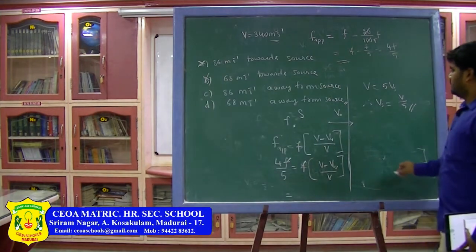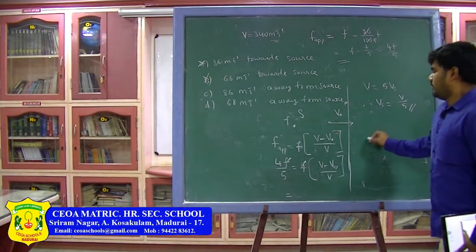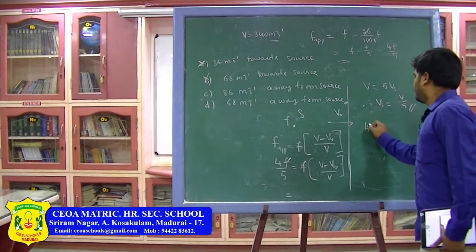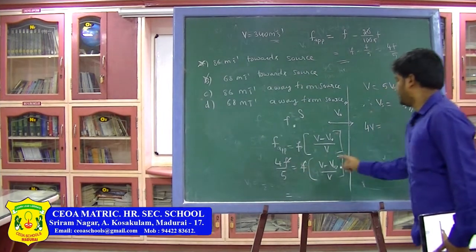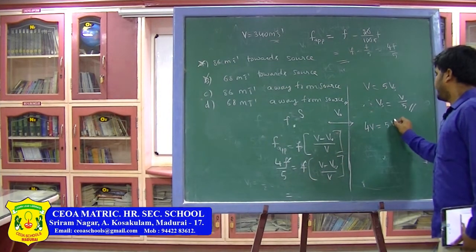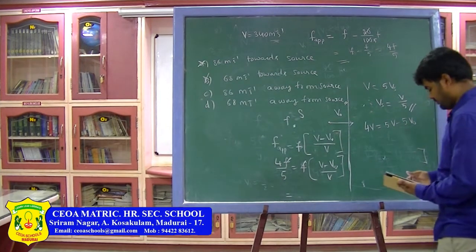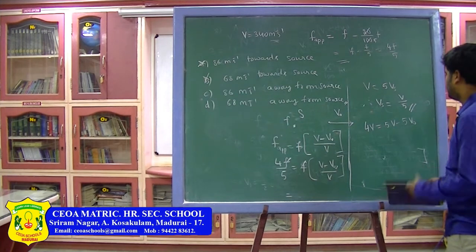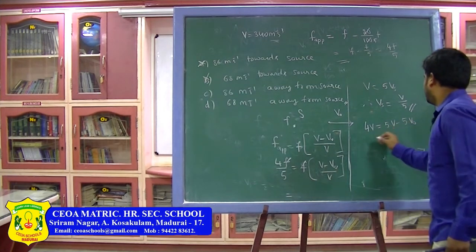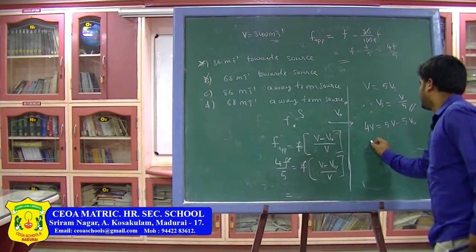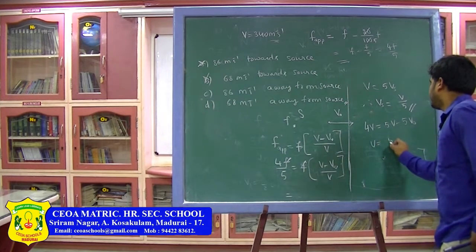Cross multiplying, you will get 4V on this side, and on the other side 5V minus 5V naught. Then 5V minus 4V, that is V, equals 5V naught.